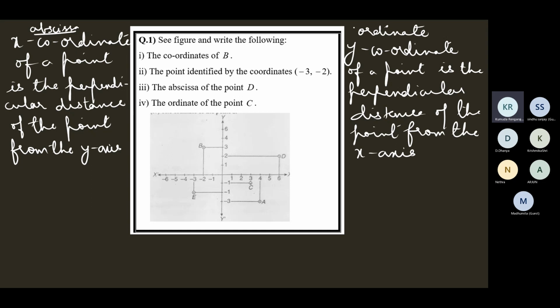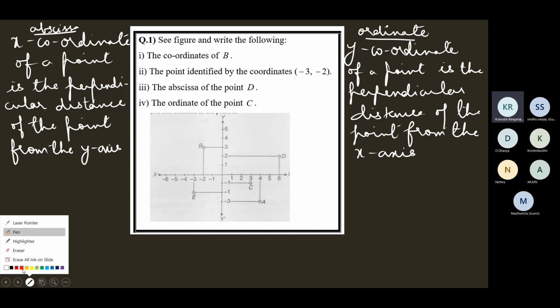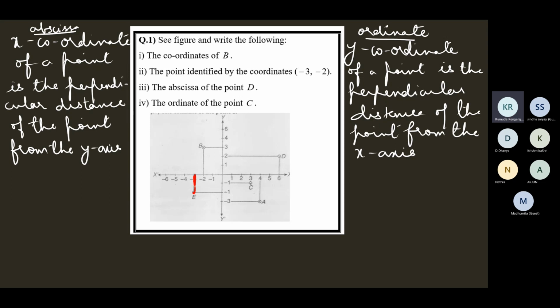It's a little difficult to understand the definition, so let's understand from the point E here. Look at the point E, children. What is this? This is the perpendicular distance of the point E from the x-axis. This is the x-axis.